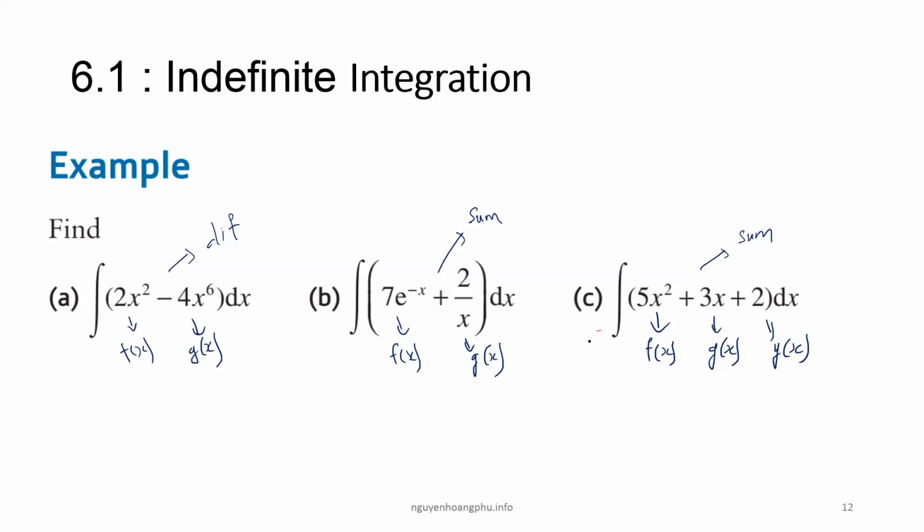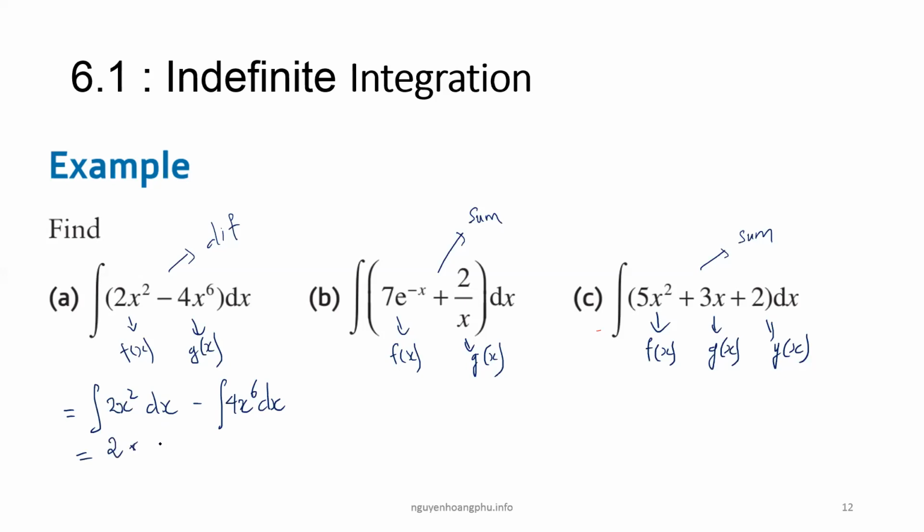Can you do it? Just do it by yourselves, right? So here I'll do the first equation. Here it is going to be equal to the integral of 2x squared dx minus 5 dx, right? So here is 2.